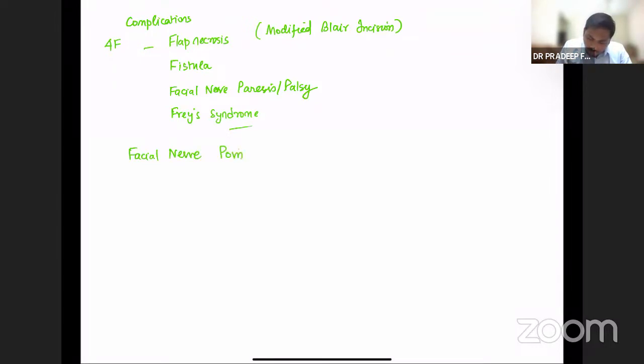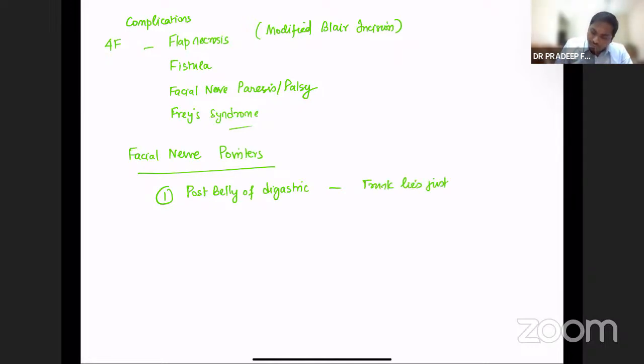The commonly used pointers in surgery: number one is the posterior belly of digastric. The facial nerve trunk lies just superior and deep to the posterior belly of digastric.